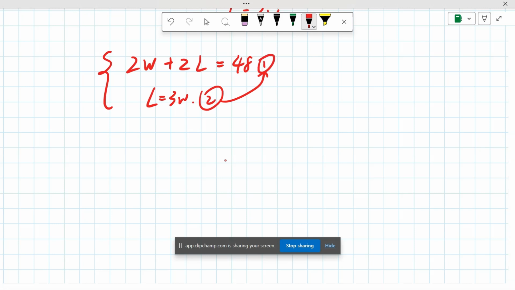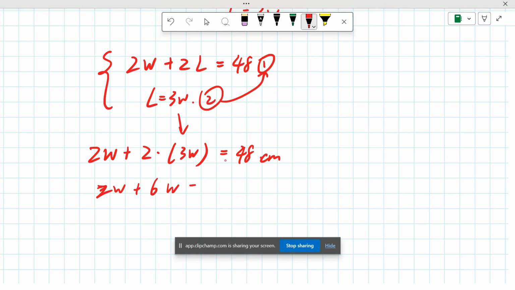So 2W plus 2 times 3W, which is L equals 3W, equals 48 centimeters. So 2W plus 6W equals 48 centimeters. So 8W equals 48 centimeters, so both sides are divided by 8.